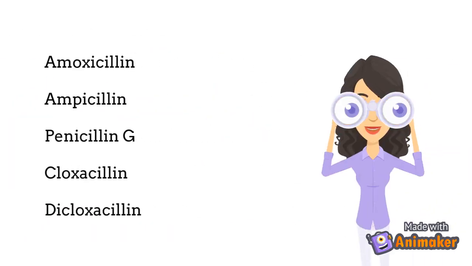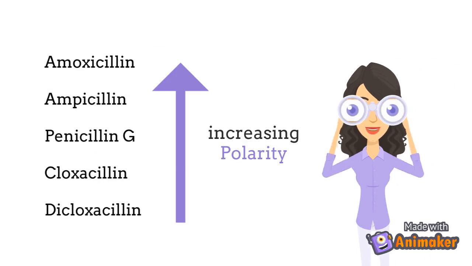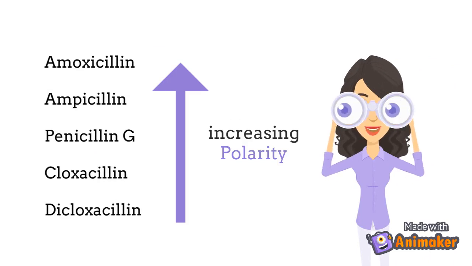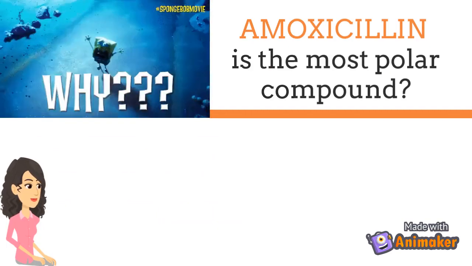The order of polarity is actually the same as the order of elution. The most polar compound, which is amoxicillin, will be eluted out first, while the least polar compound will be retained longer. Why is amoxicillin the most polar compound?